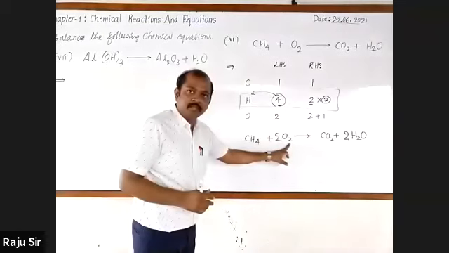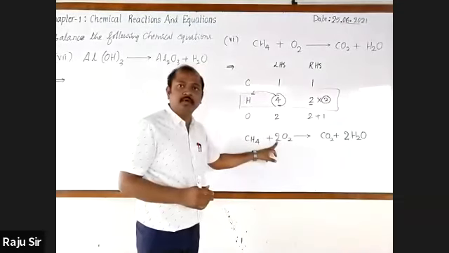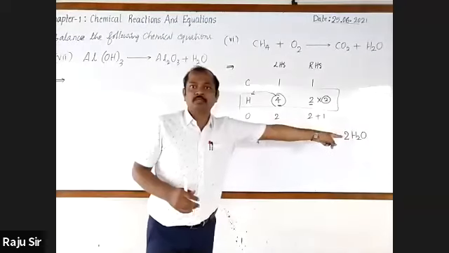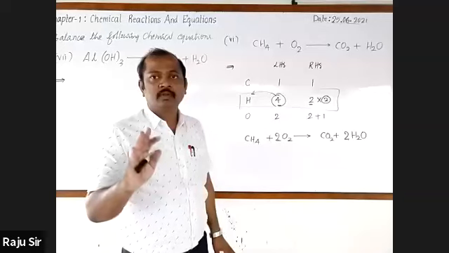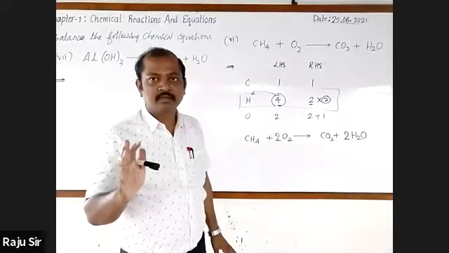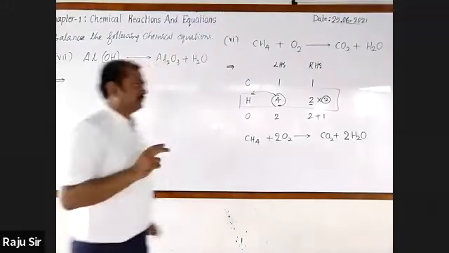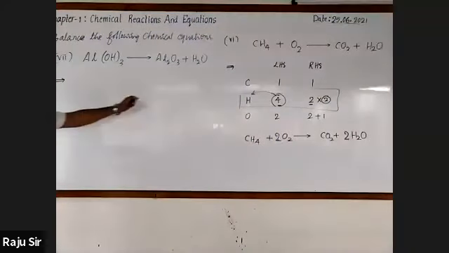Here 2 is there, hence it should be multiplied by 2 again for balancing. Now 2 twos are 4, there it is 2 plus 2, 4.